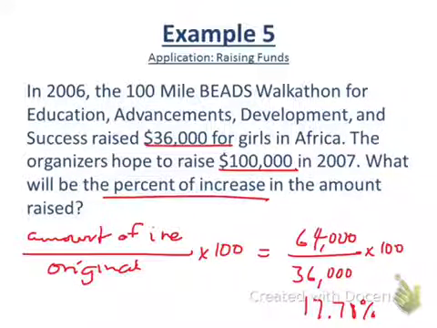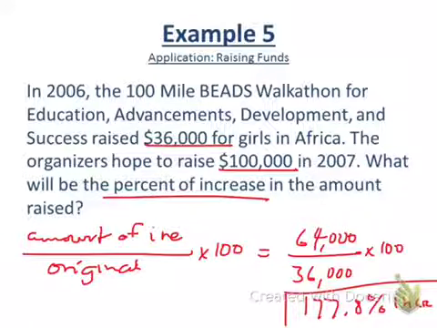Well, it's my fault. I didn't think it through. So 177.8% increase. All right. That is a lot of increase, right? We need to double it. It's almost doubled twice, right? Double and doubled again.